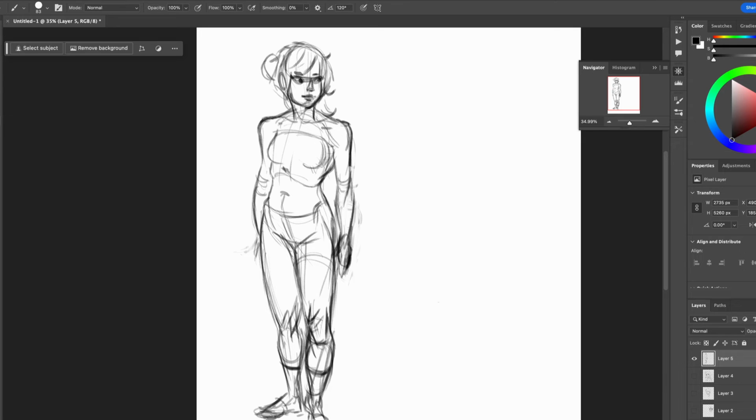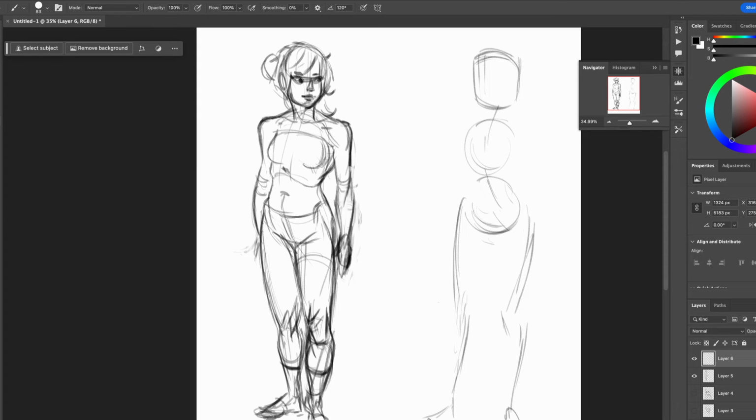But for an anime character, you'll have a character that might be measuring only 2 heads across, so half a head on one side of the shoulder, half a head on the other side, and then the head in the middle. So the shoulders are much narrower. And we're talking about females here.